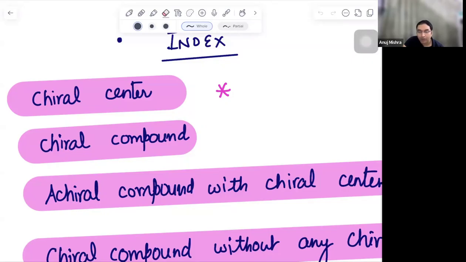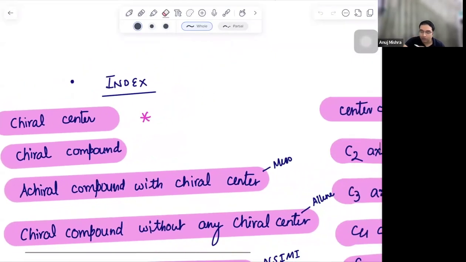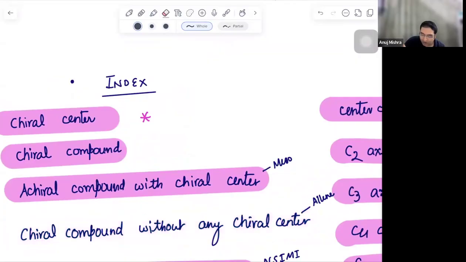Chiral center is that carbon with 4 different groups, or N plus with 4 different groups, right? Can there be a chiral compound without any chiral center? And can there be a chiral compound with chiral center?